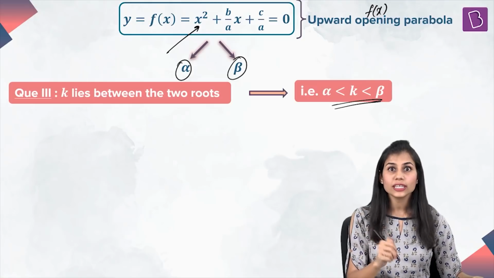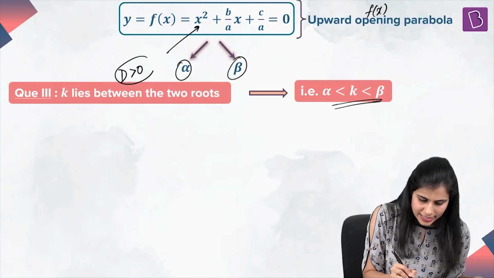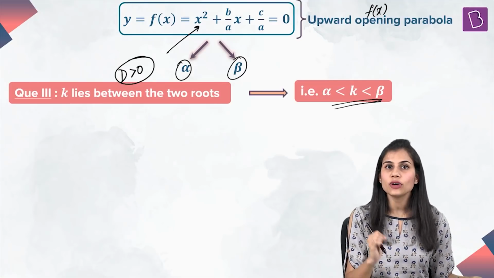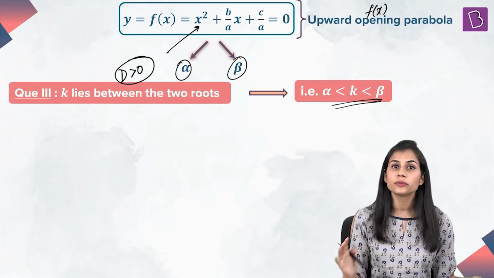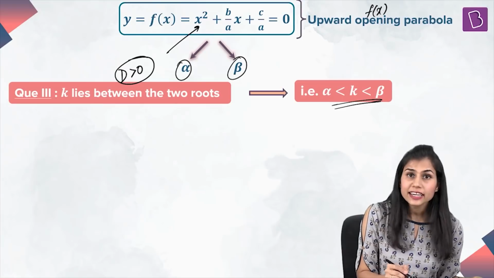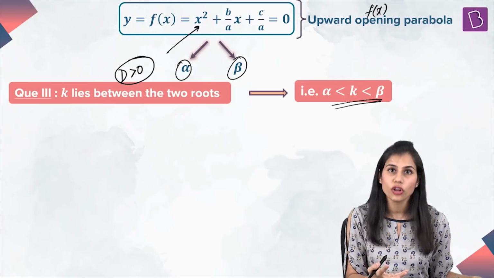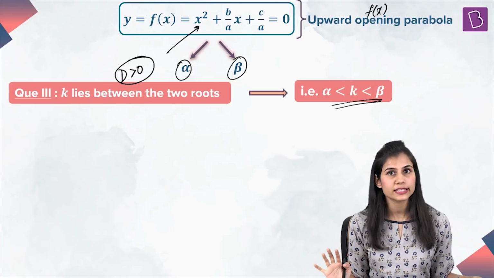That means the question itself is trying to say that d is greater than 0. This question makes sense only when you have a quadratic equation which has two distinct and real roots, or whose discriminant is strictly positive. So d greater than 0 is not a condition that we are going to get. This is a condition which is inherent already. This question makes sense only when d is greater than 0.